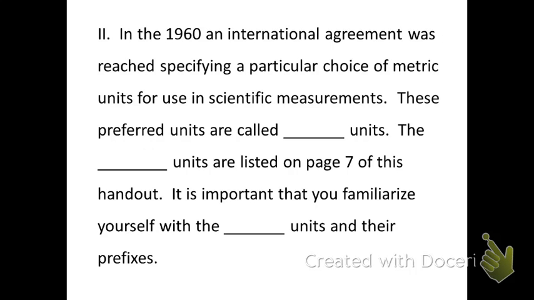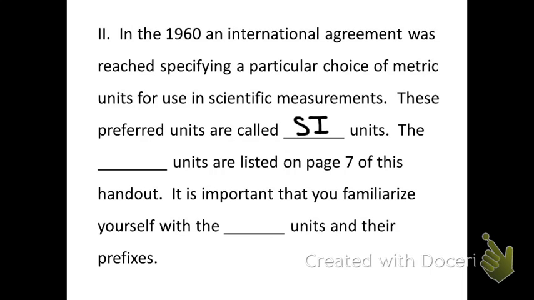All right, so in 1960, an international agreement was reached specifying a particular choice of metric units for use in scientific measurements. These units are called SI units.